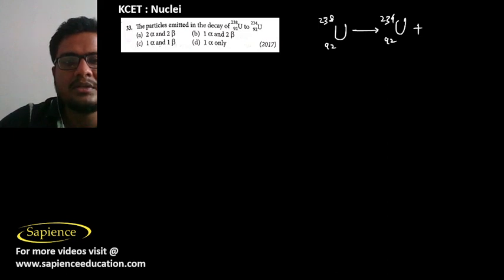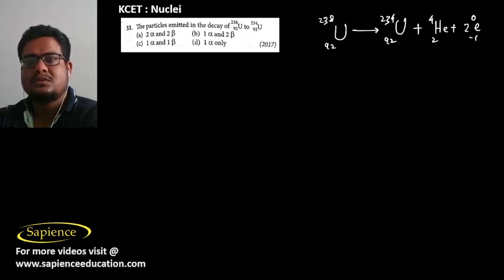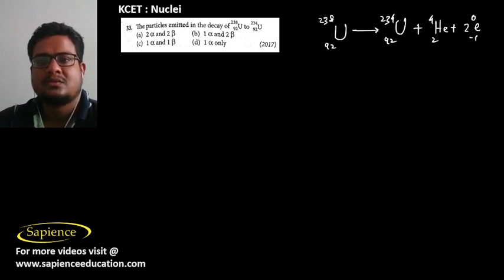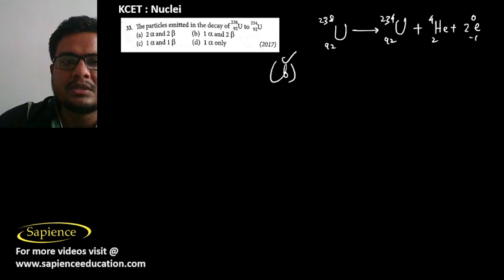The particles emitted will be 1 alpha particle and 2 beta particles, since the charge is constant and the number of protons is constant. 1 alpha particle means He 4 2, 2 beta particles means 2 e 0 minus 1. Option D is the correct answer.